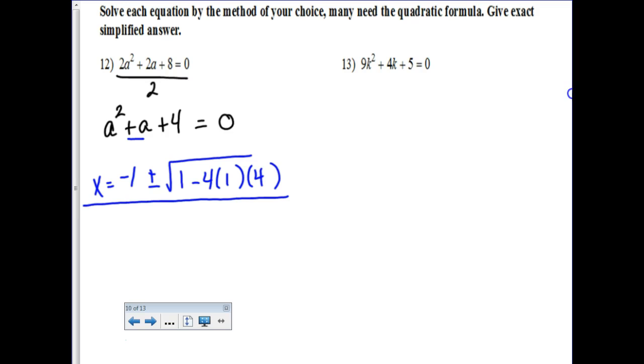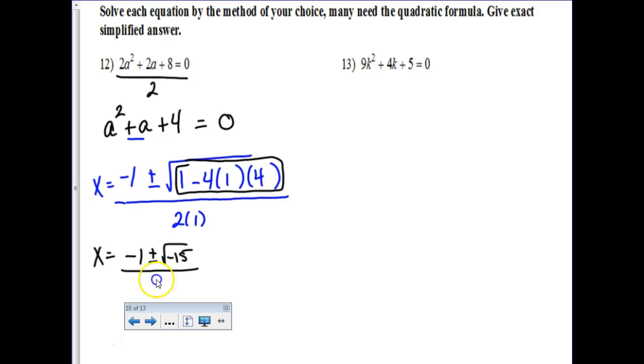All of it over 2 times a. All right, so I would like you to calculate the discriminant first. Do not type the square root because this is going to be a little funky, but 1 minus 16. This is going to have an i, isn't it? All right, so negative 1 plus and minus the square root of negative 15 over 2, all of it over 2.